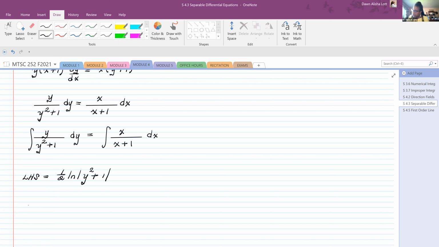The right-hand side is tricky because they have the same power. Remember, when the power of the numerator is the same or larger, we have to do long division. So I have to do x plus 1 into x.